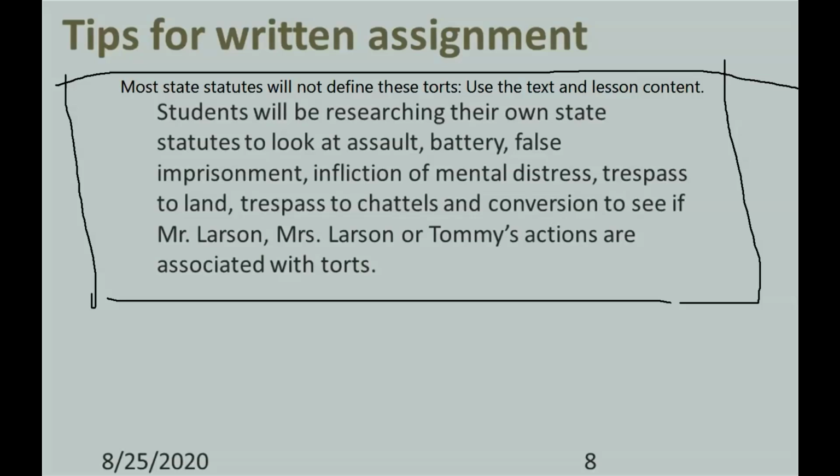My advice is to trust the lesson content and the text, and then supplement with state case law after you have the basics.